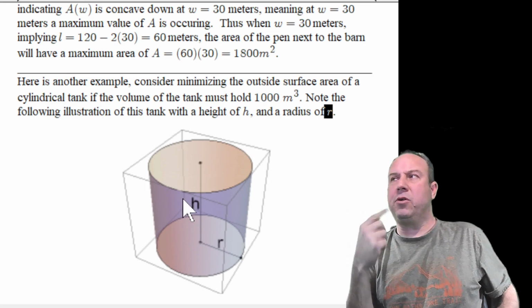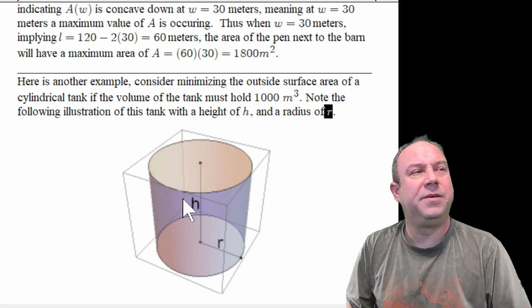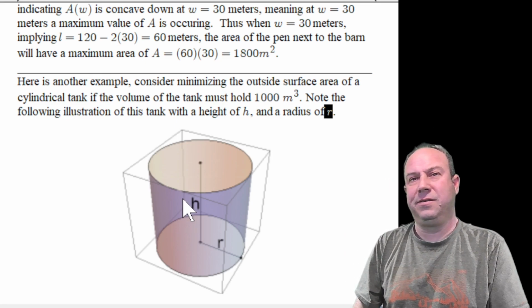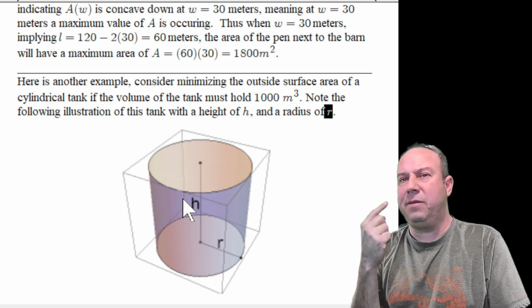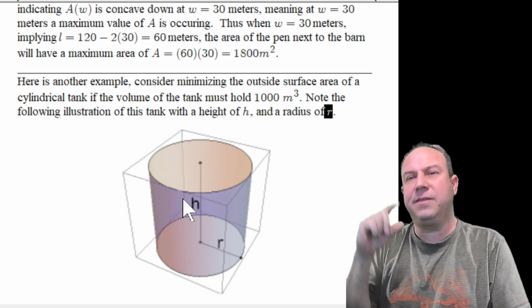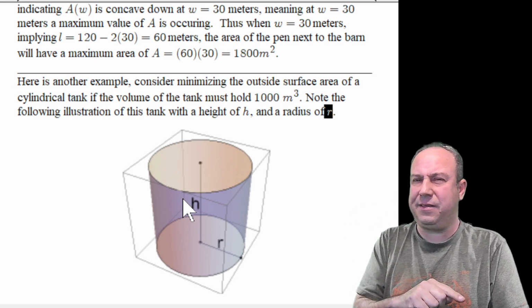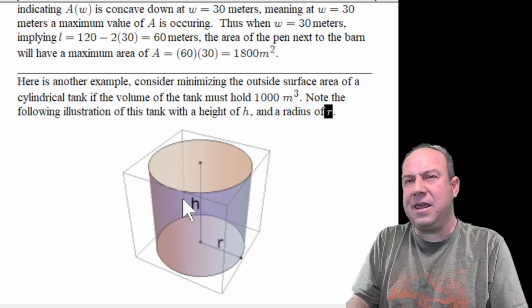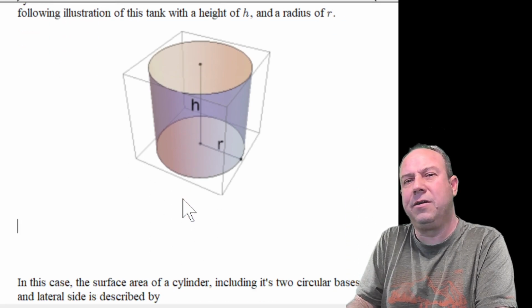And what's the perimeter around the circular base of radius r? Well, that's 2 pi r. So the area of this lateral edge, being circumference times the height, would be 2 pi r times our height, h. And that gives us a surface area formula that we see following here.